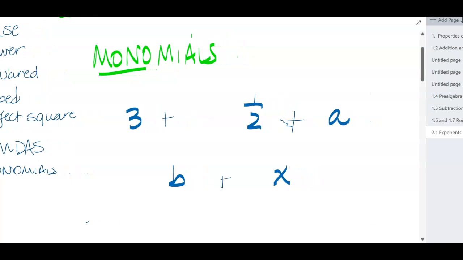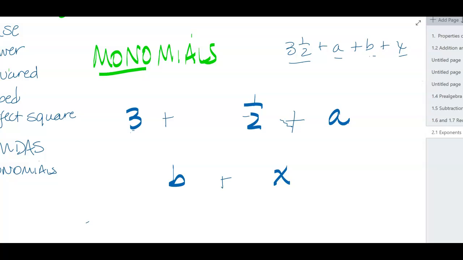If I put this together, I could put 3.5 plus a plus b plus x. And that's 1, 2, 3, 4 terms. So it's not a monomial. It's a polynomial.